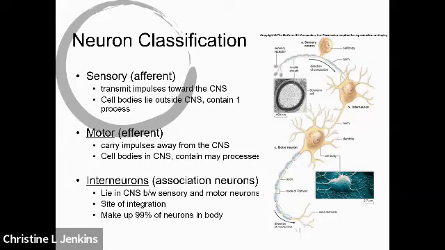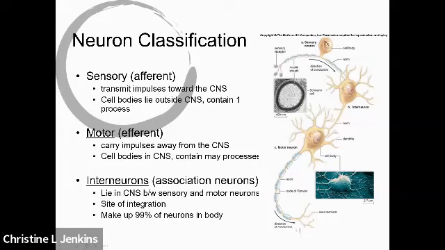So the structure we just learned is actually a motor neuron, which means nerve impulses are traveling in what direction? Away from the brain or towards the brain? Away. I just want to point out that sensory neurons and the neurons inside the central nervous system, the interneurons, look a little different.